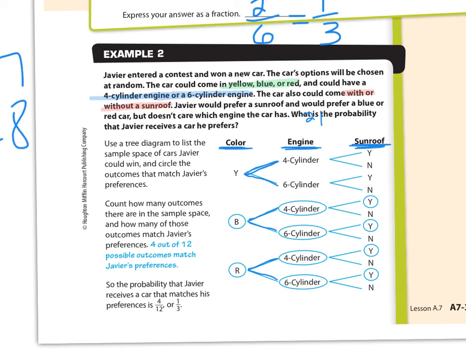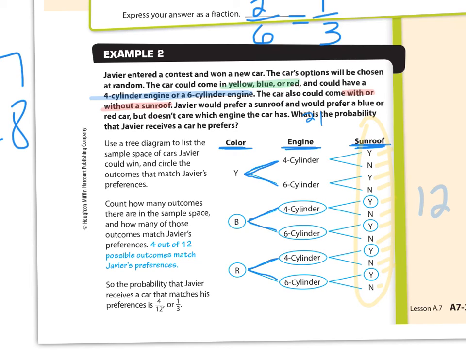So our first job is to count how many total possibilities there are in this scenario. And if you draw the tree diagram, those will always be listed in your last column right here. So we can just count these. There's 1, 2, 3, 4, 5, 6, 7, 8, 9, 10, 11, 12. So 12 possible outcomes.